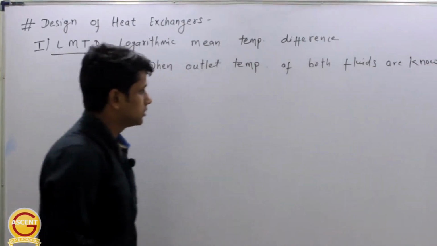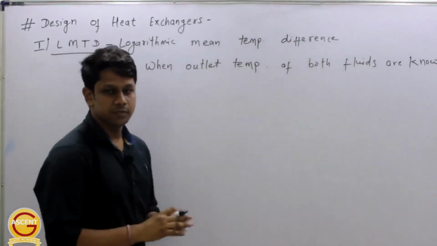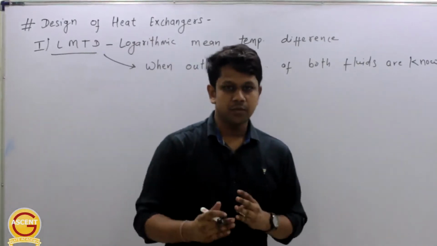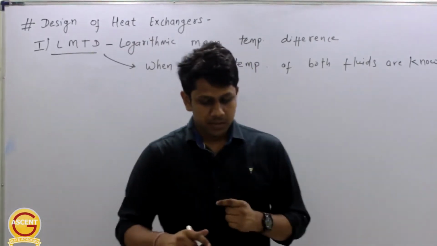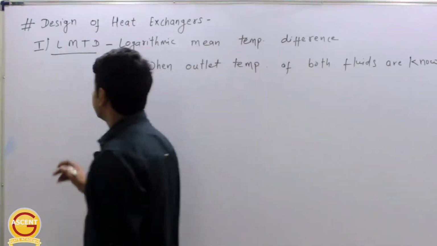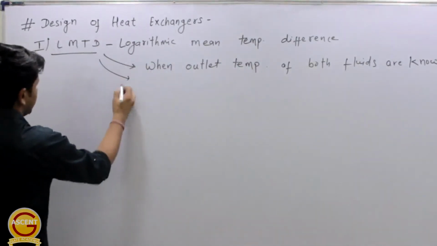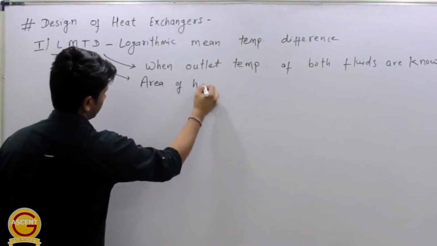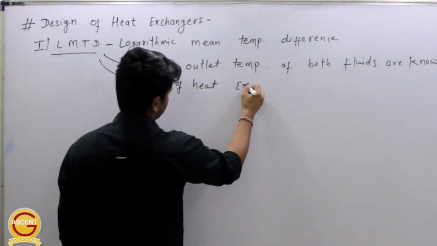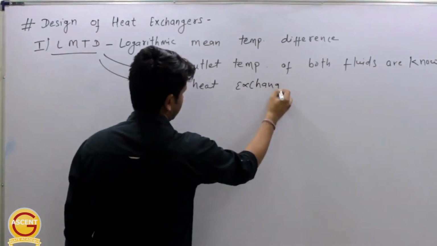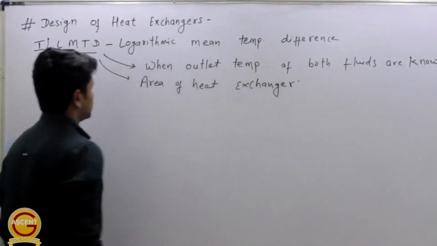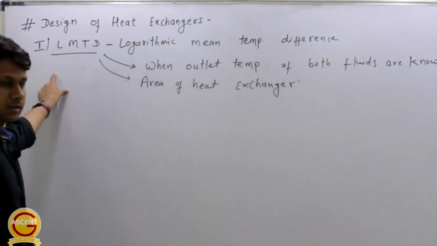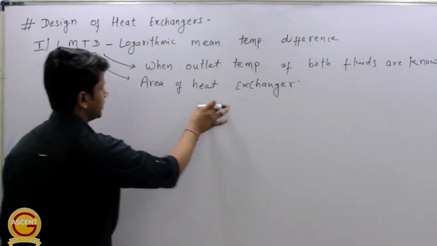So if you know the outlet temperatures of both fluids, then we can use this LMTD method. And as I told you, finally we will calculate the area of heat exchanger. So by using this method, our end result will be this area of heat exchanger.